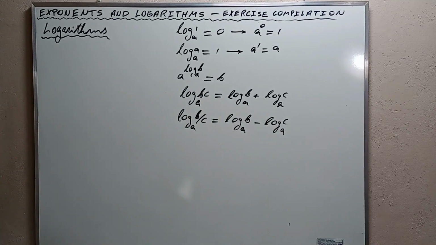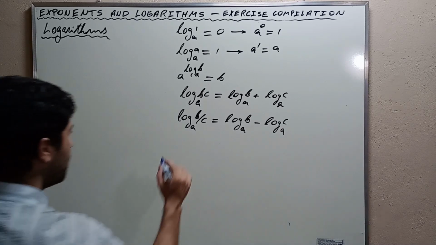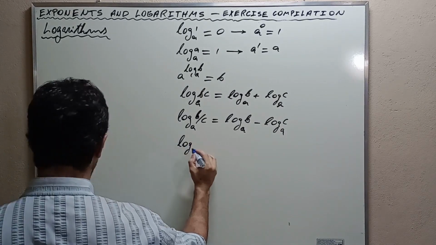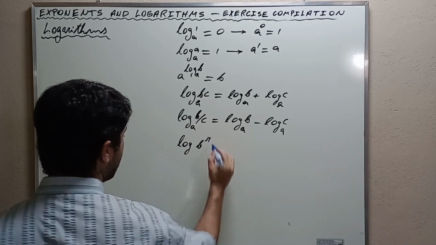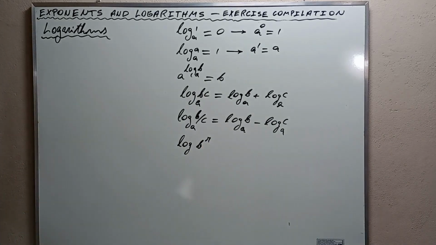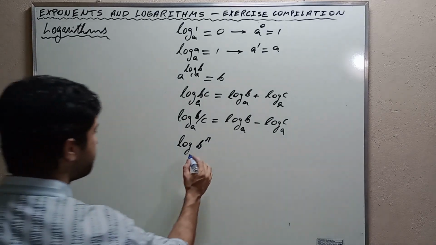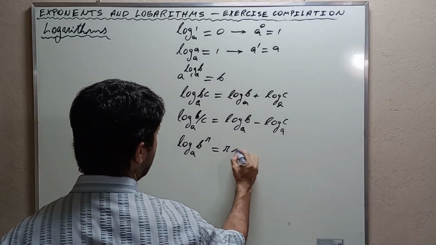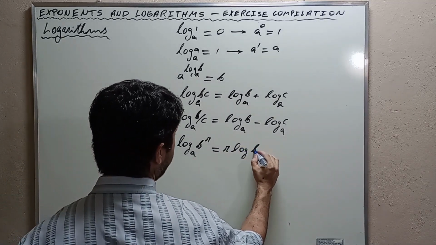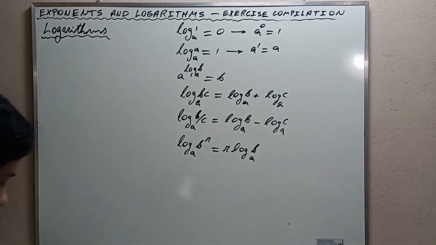And how about the power? The logarithm of b raised to the power of r base a is equal to r times the logarithm of b base a, okay? This is very important as well. And the last identity that we are going to use, that's going to help us a lot with the exercises, is the change of base.